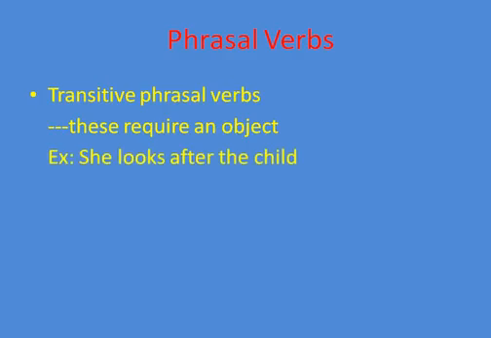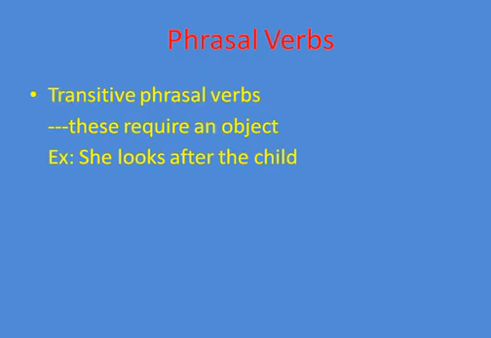Like you can see in this example, she looks after the child. In this sentence, she is the subject, look, when separated, is the verb, and after is the preposition. Now we are using look plus after, look after.